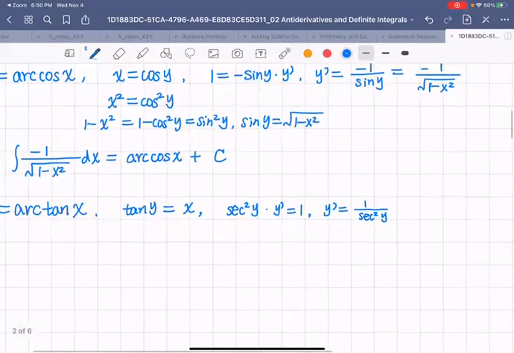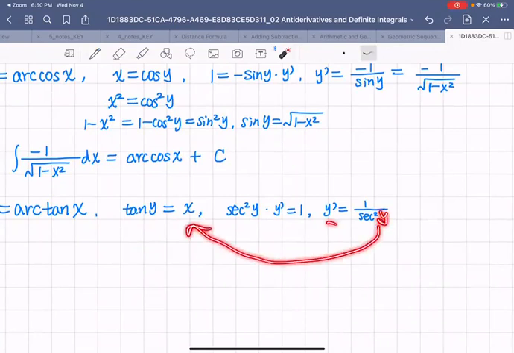Now let's figure out what secant squared y is. Because this is with respect to x, we have to convert y back to x.